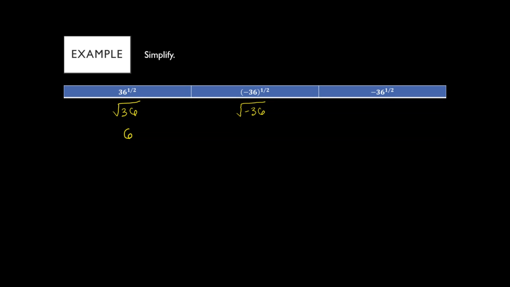So this is going to give us an i because we have the square root of a negative, and so we can pull out that i. And then you're taking the square root of 36, which is 6. So we usually just put that in front, and so it's 6i. Or you can say that it's not a real number because it's an imaginary number.